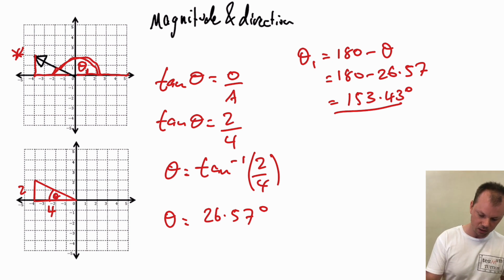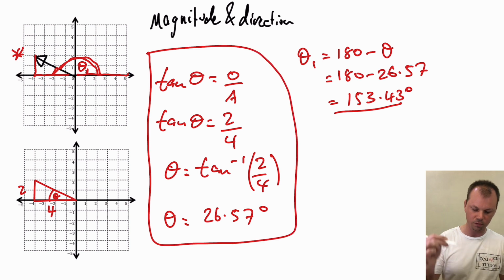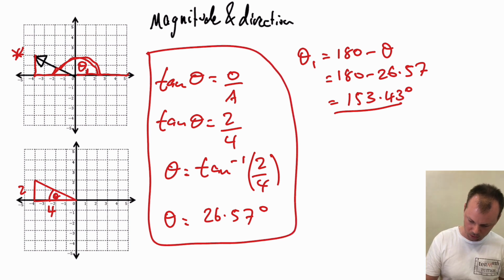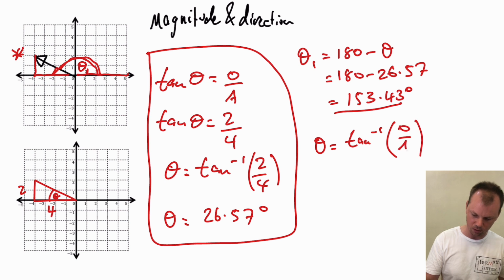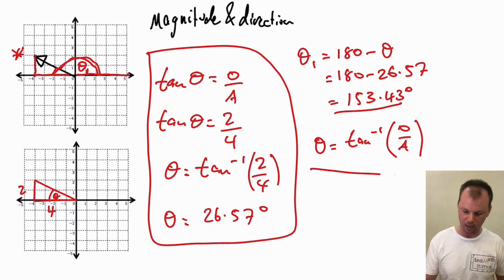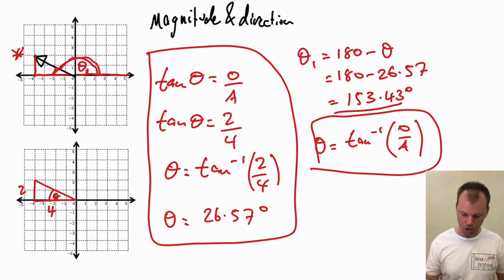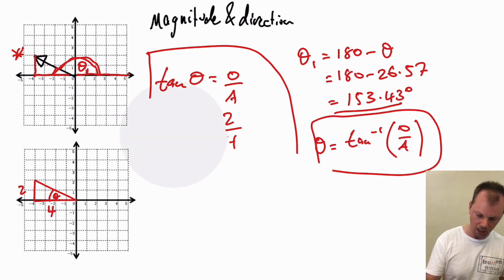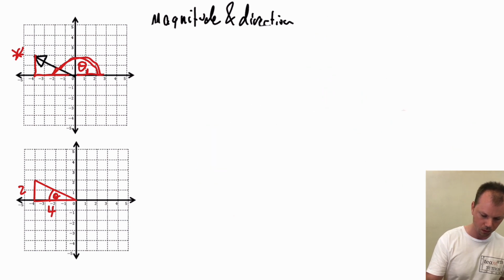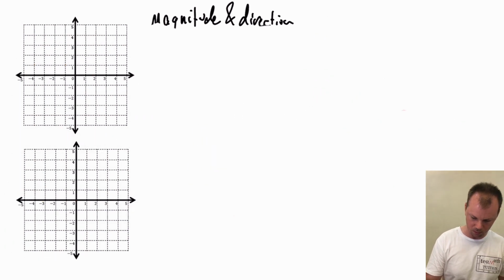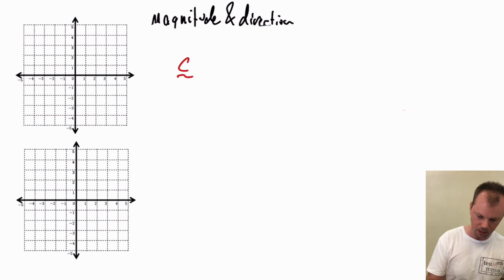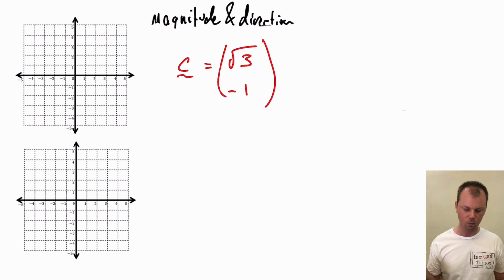You don't necessarily, when you're calculating these, need to show all of the working. How I would do it is I would use this theorem straight away with the rearranged form, and I would draw my triangle and enter these straight in. So I'll show you one more on how we can do that. So let's say we had the vector C and it was √3 in the i direction and -1 in the j direction.